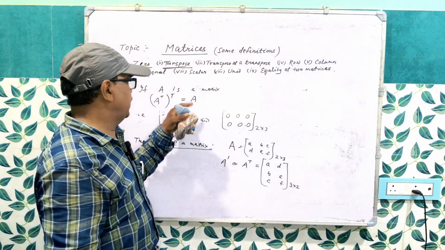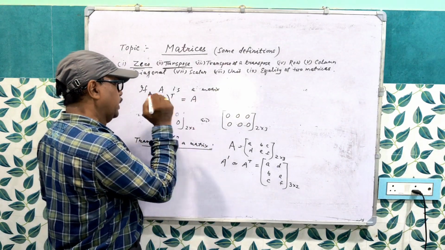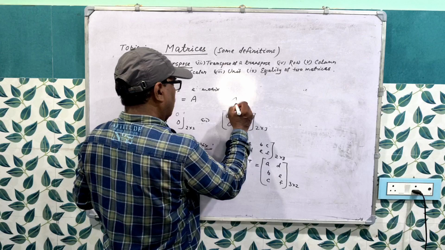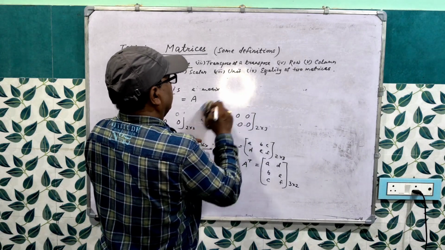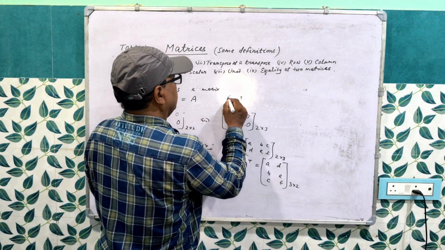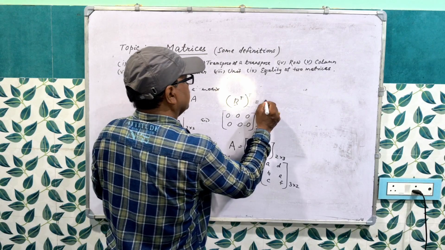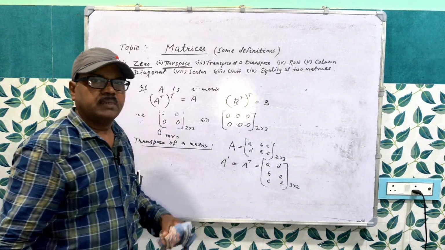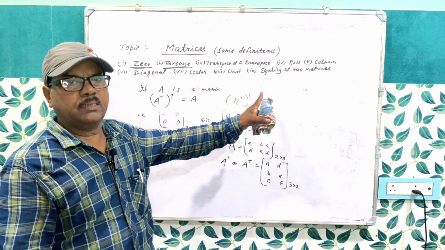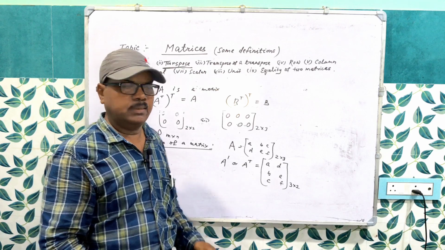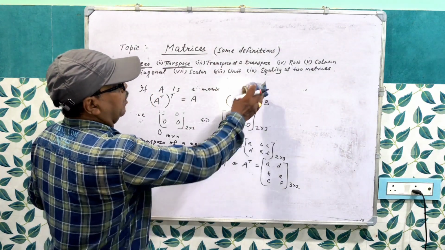That means the transpose of A T is equal to A, and the transpose of B T is equal to B. So the transpose of a transpose means the original matrix.